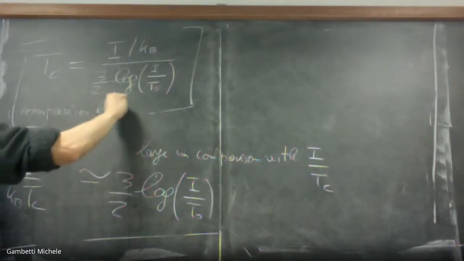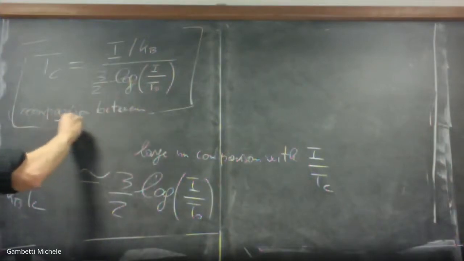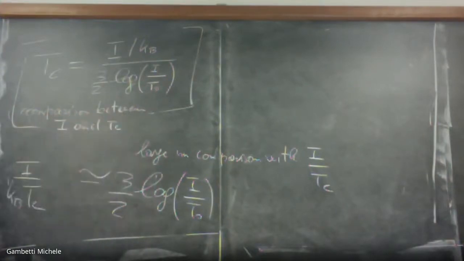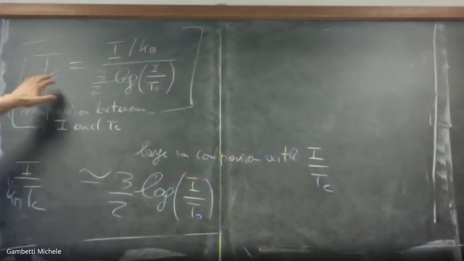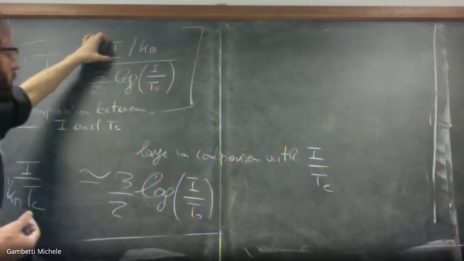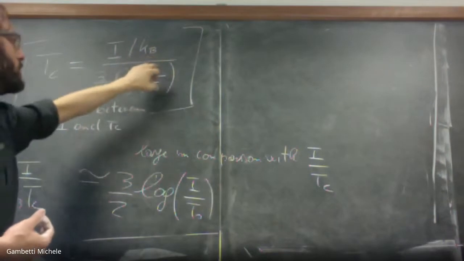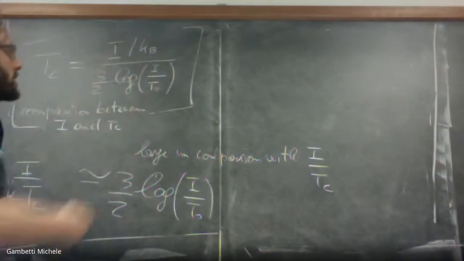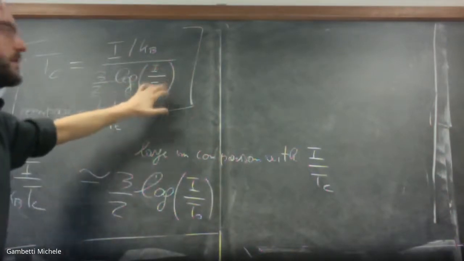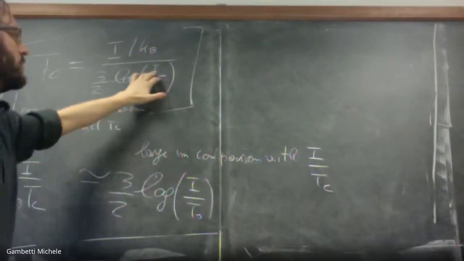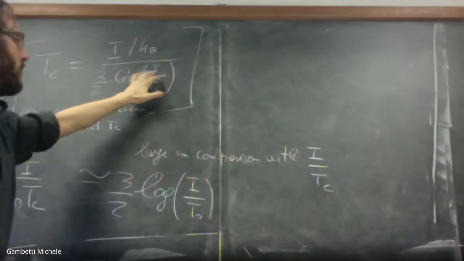So you see that to get a degree of ionization of 0.7, which is of course quite a high degree of ionization, at this Tc I need to reach a temperature which is a factor of 3/2 log of this quantity less than I. Now, I divided by T0 was 10 to the 4 divided by a few Kelvin, so there is a factor of 3 or 4 in front of the logarithm.